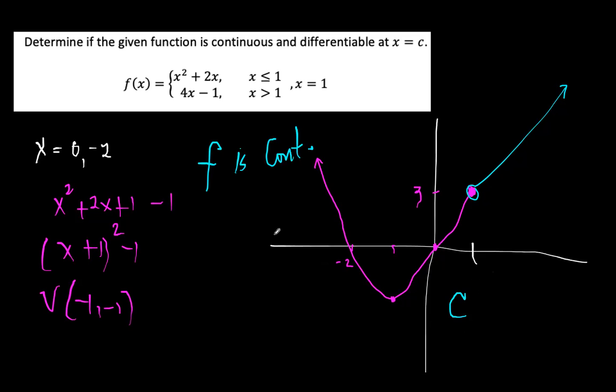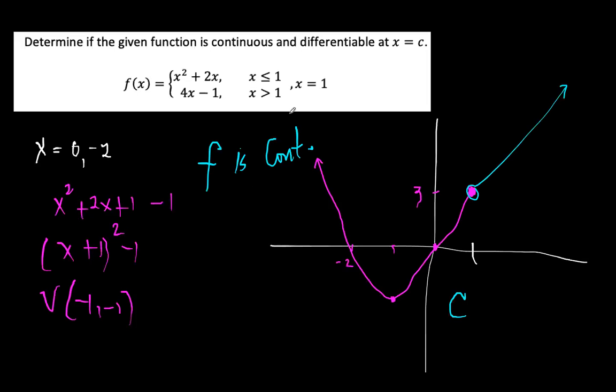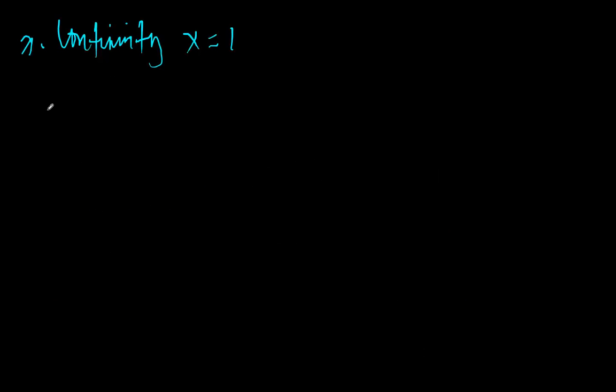However, if the problem states that you need to show the solution for continuity by algebraic solution, not by graphing, then we need to do so. So let's work on continuity, but we are so sure that it's continuous. Although it's quite long, we need to do that. We need to follow instructions.